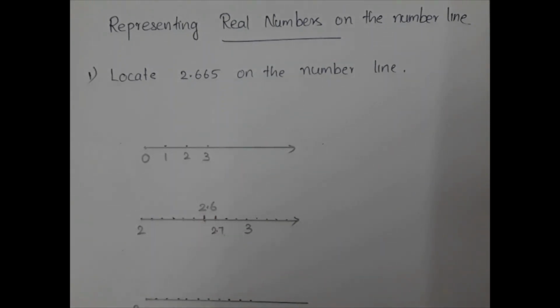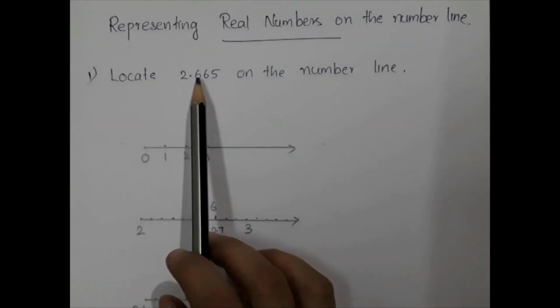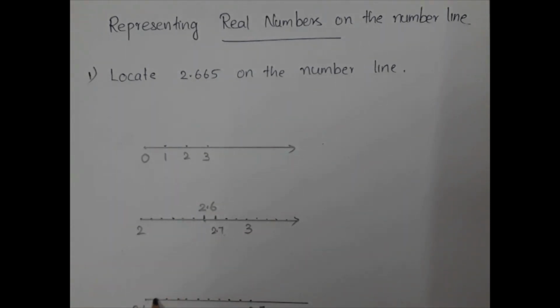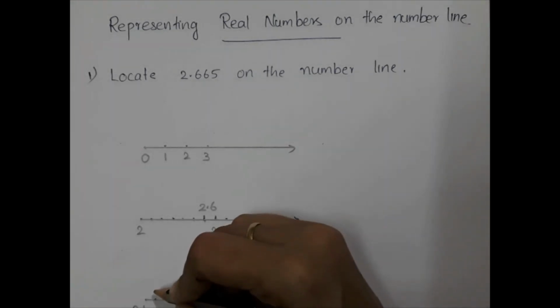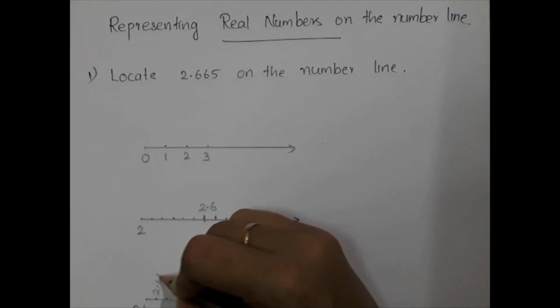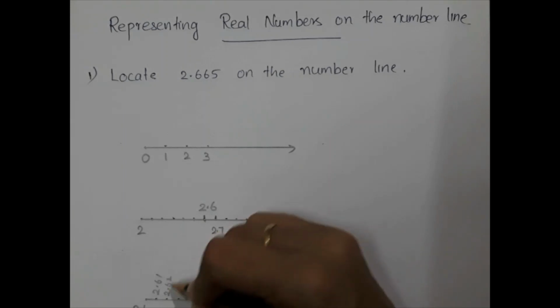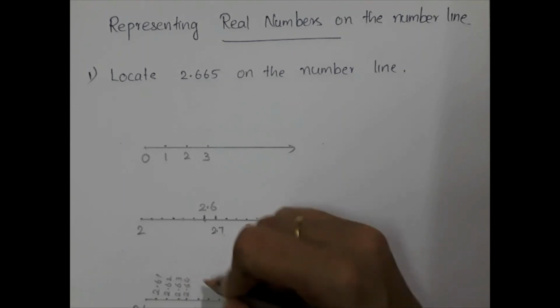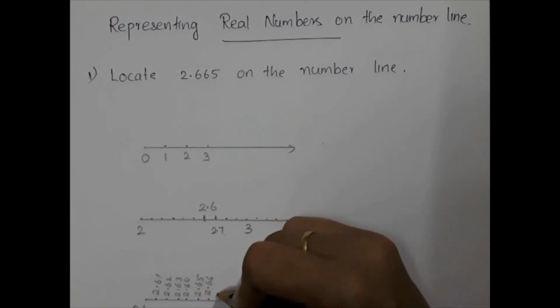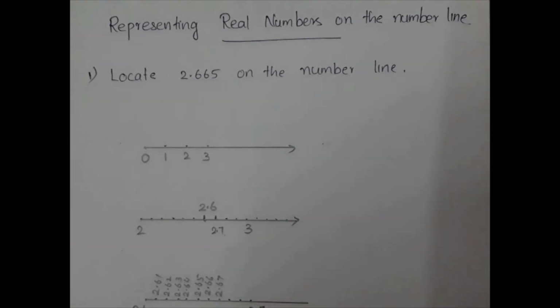Draw this as 2.6 and then 1, 2, 3, 4, 5, 6, 7, 8, 9, 10, so this will be 2.7. This one will be 2.61, this will be 2.62, and this will be 2.63, this will be 2.64, next 2.65, next 2.66, 2.67. Likewise you can write.